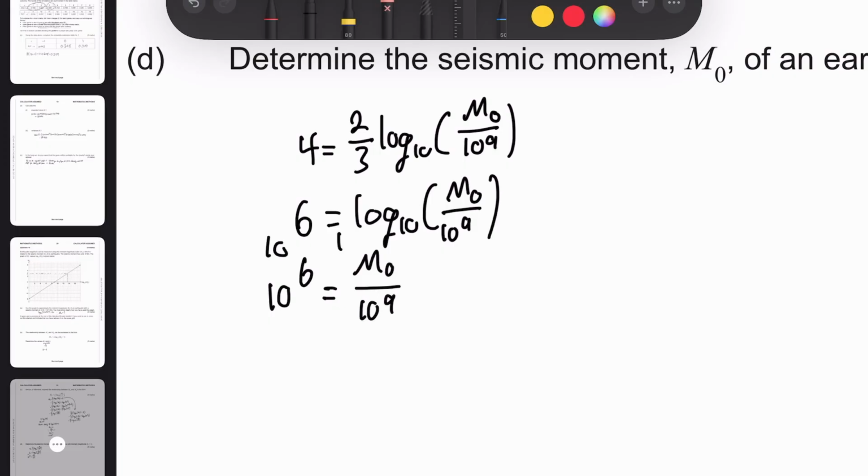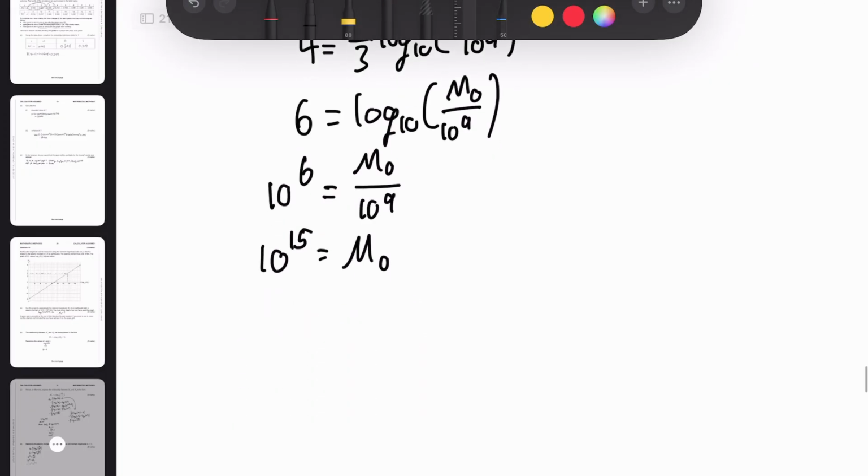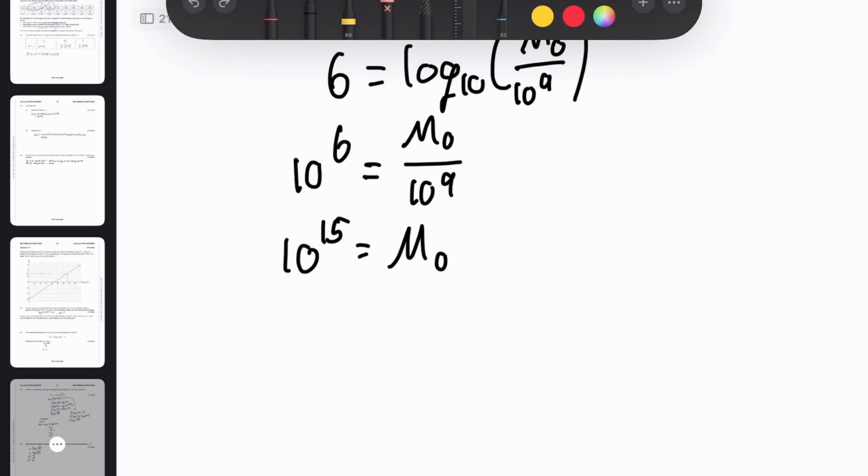Because we just make everything the exponent with a base of 10. Then here these logarithms and the exponent will cancel out. So then just multiplying this one across, 10 to the 15 is equal to m0, since 10 to the a times 10 to the b is just equal to 10 to the a plus b. So all we're doing here is adding this 6 and this 9 together to get the 15. Okay, and then obviously just remembering our units. So 10 to the 15 Newton meters.